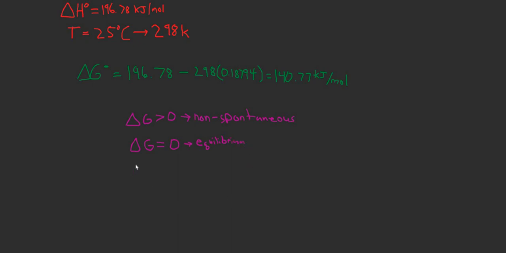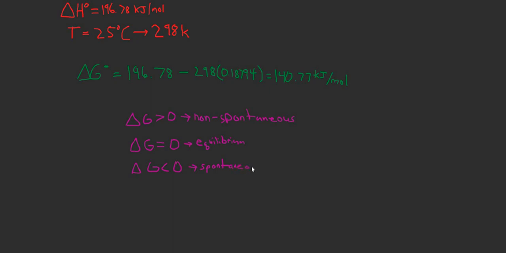And finally, if your delta G is less than 0, so if your delta G is negative, we have a spontaneous reaction. Like I said, delta G often has the final word on what is spontaneous and what isn't.